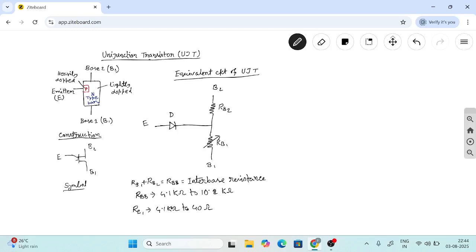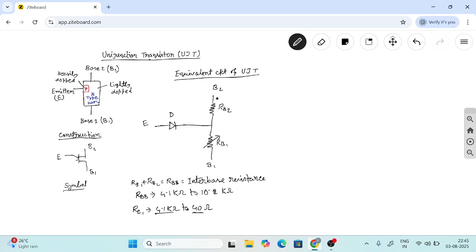During the off period, the resistance is very large, that is 4.1 kilo ohm, and whenever voltage increases, conductivity increases and resistance decreases to 40 ohm. So it will vary from 4.1 kilo ohm to 40 ohm.